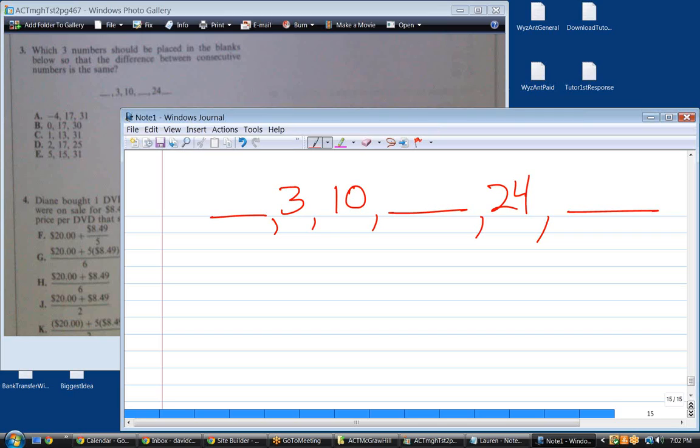The difference between consecutive numbers has to be the same by the time I fill in all these blanks. Well, what amount are they separated by? 7. Okay. So this first number has to be what?